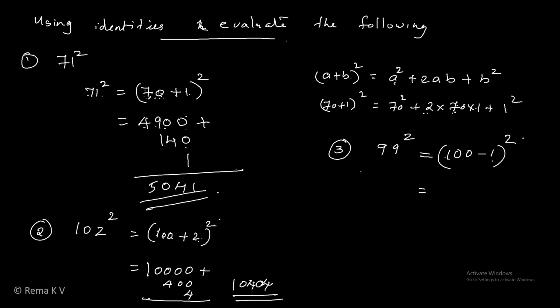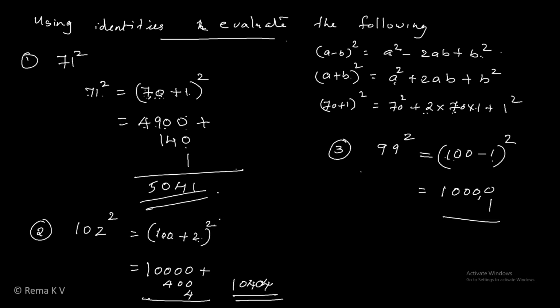A minus B the whole square we have to apply. A minus B the whole square is A square minus 2AB plus B square. First let us write both the positive terms here, A square and B square. So A square is 10,000 and B square is 1.